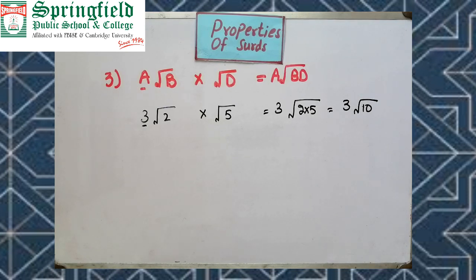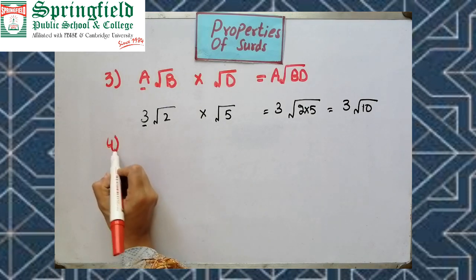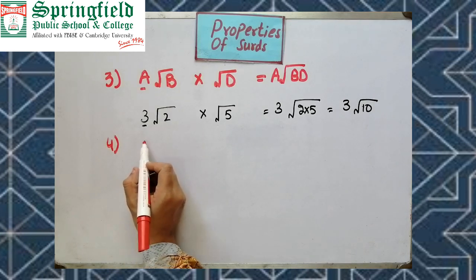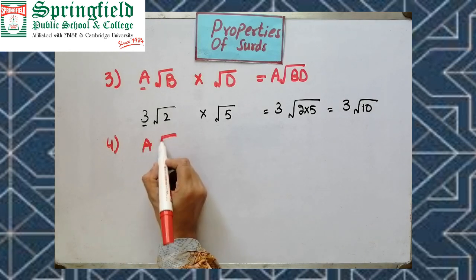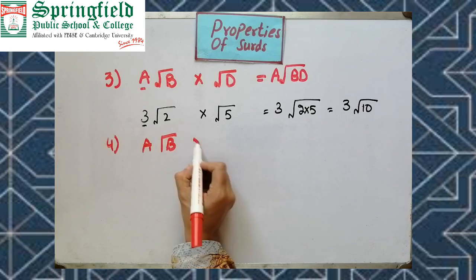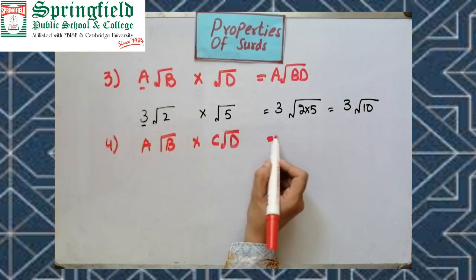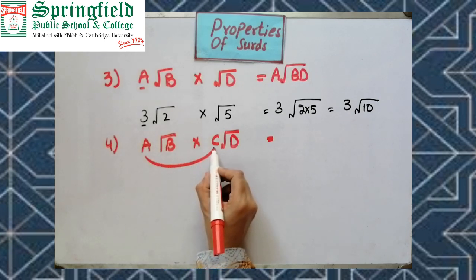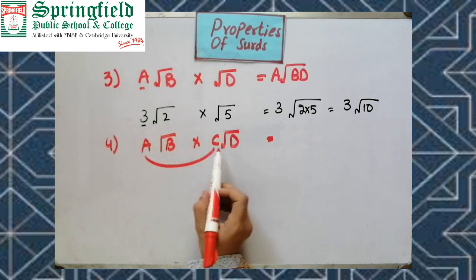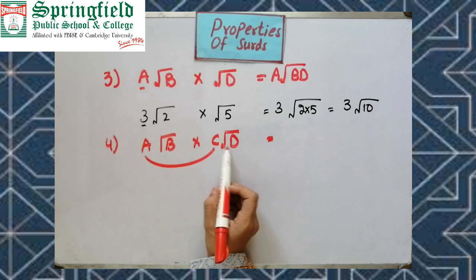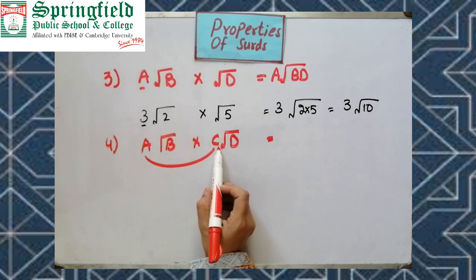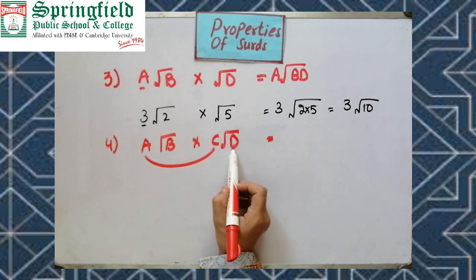Understood, beta? Now come to the fourth one, and the fourth one is A under root B multiplied by C under root D is equal to, A will multiply with C. You can simply say that the numbers in front of the roots are called the coefficients of the roots.